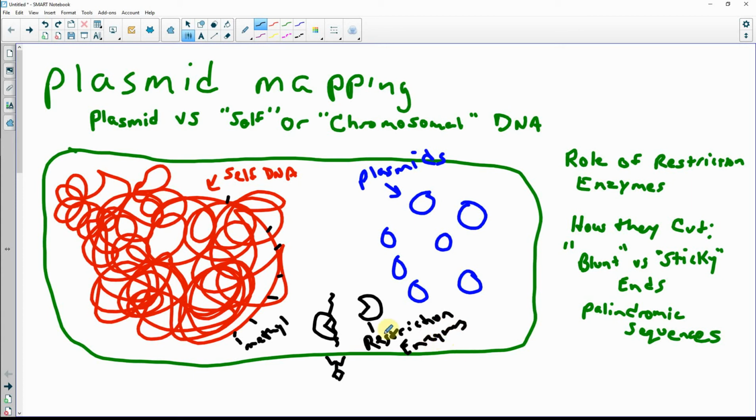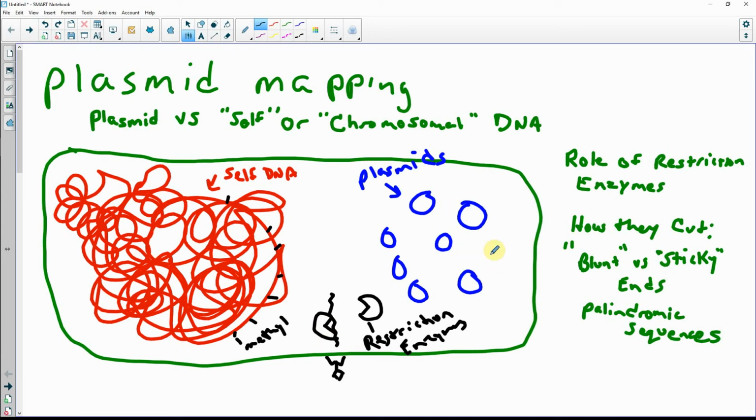Sorry for my bad handwriting, but those little Pac-Man dudes are called restriction enzymes, and what they do is they search for these sites that they can react with, and when they find one of these sites, they'll actually cut the DNA. Now you might be asking, well, what happens with these plasmids?